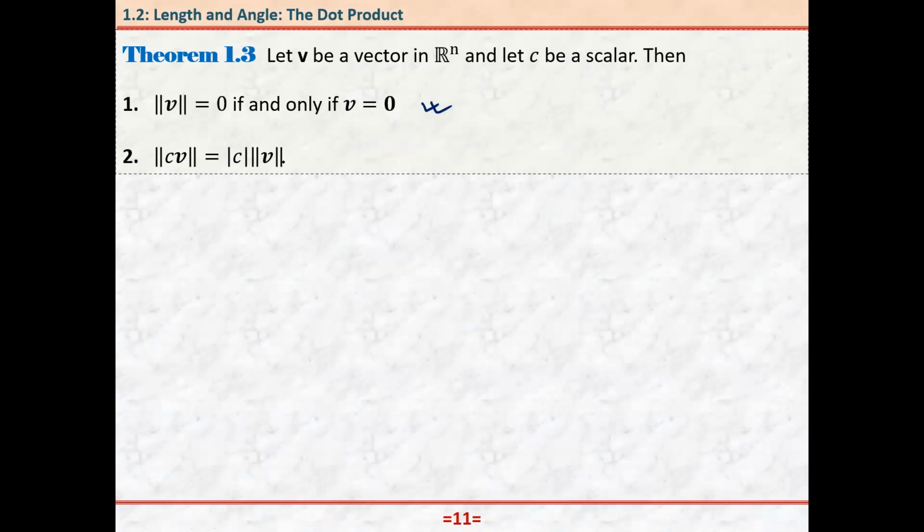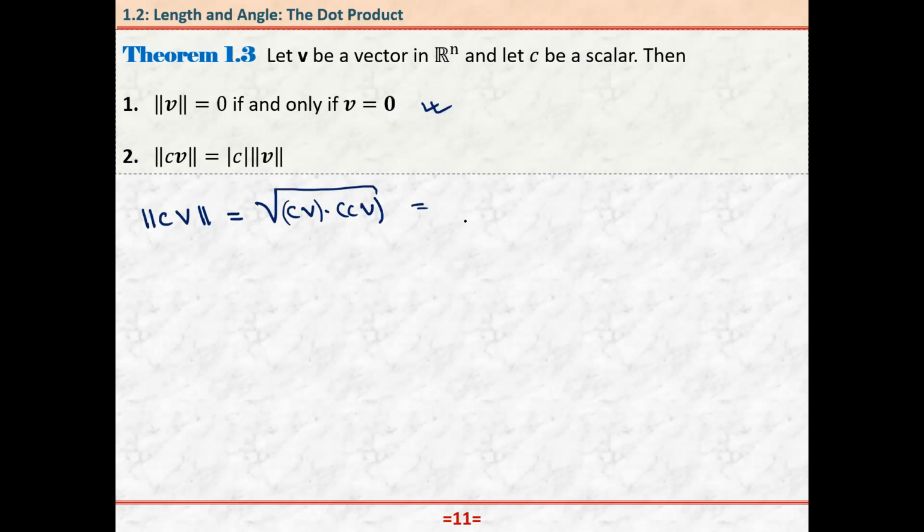Now the second one, that sometimes we are going to use in proving some theorems. That's why you should understand this. So the norm of C times V is equal to, here, not only C, the absolute value of C times the norm of V, right? And why is it so? Because here we have the norm of CV, what does it mean? Again, by definition, this means it is CV dot CV, right?